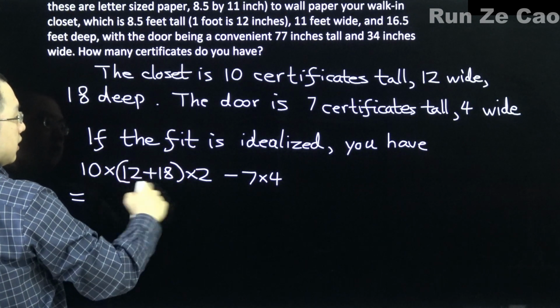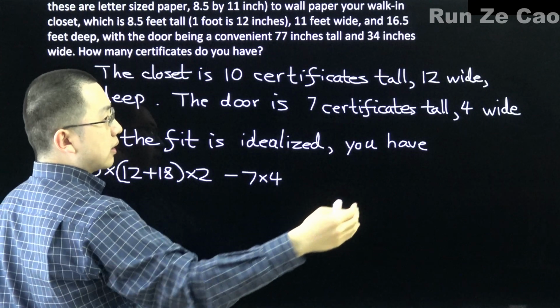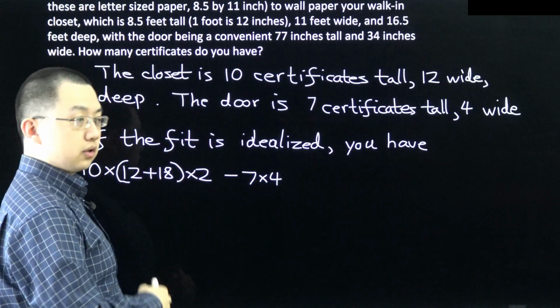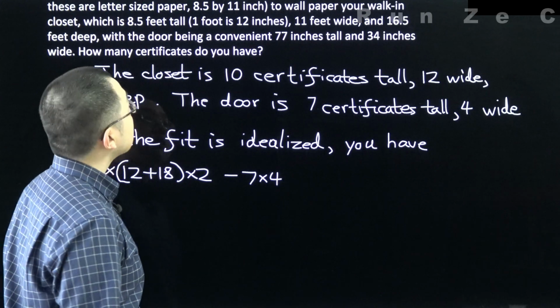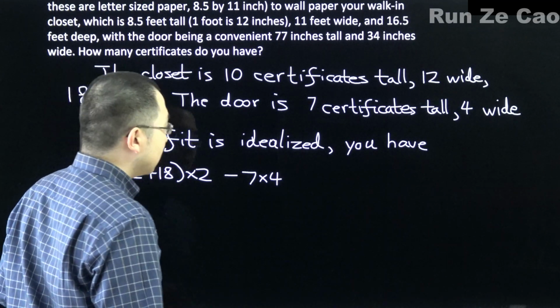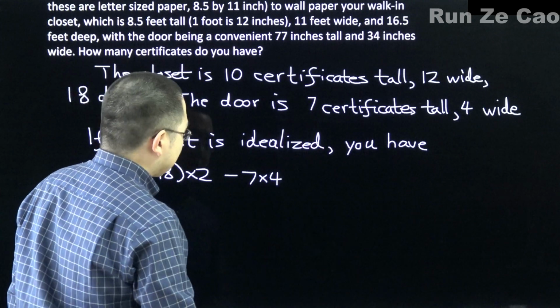The 10 by this is the width and depth multiplied by the height, and then times 2 for the other 2 walls that are the same. This, of course, assumes that this is a rectangular walk-in closet. And then you subtract the door.